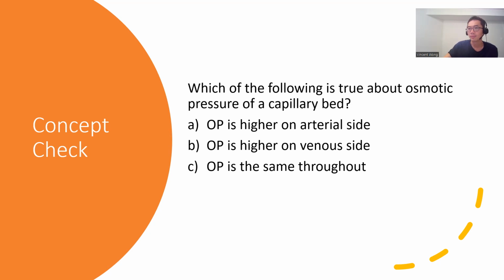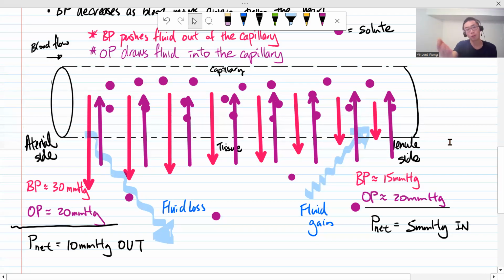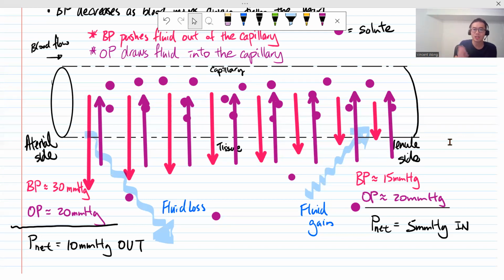All right. So let's see. We're talking about osmotic pressure. Let's look at our picture here. I hope you've drawn this in color. If you draw in black and white, it just doesn't give you the same kind of information. So which color is osmotic pressure? Is it the red or the purple?